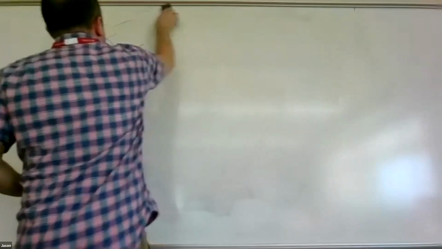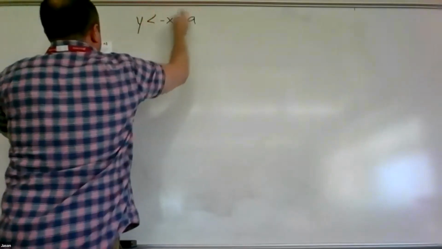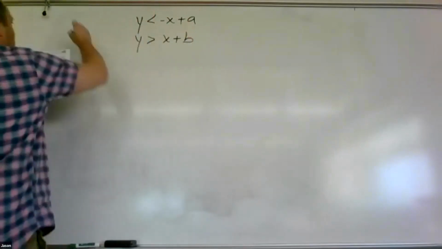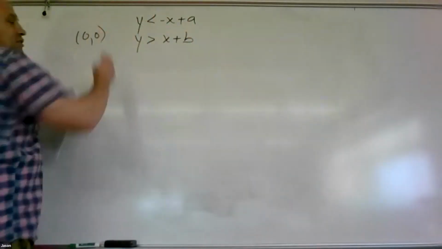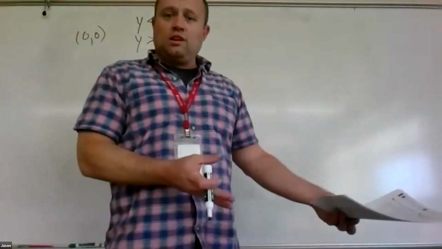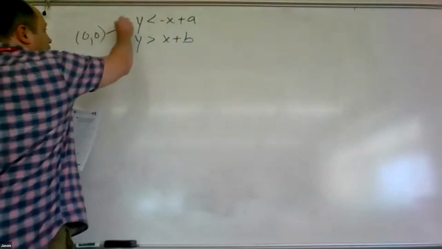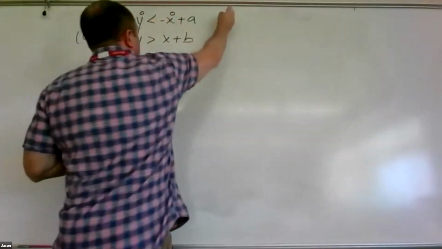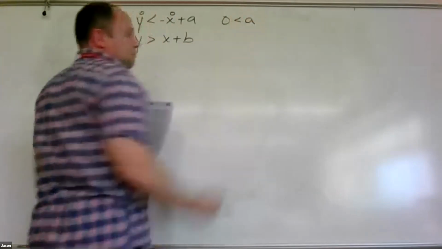Because I think 18 is one that you can see how to do. Where it says y is less than -x plus a, and y is greater than x plus b. And it tells us that 0, 0 is a solution. So remember earlier how if 0, 0 is a solution, I just plug it in, right? So that means if I plug 0 in for x and y here, that's going to give me 0 is less than a.